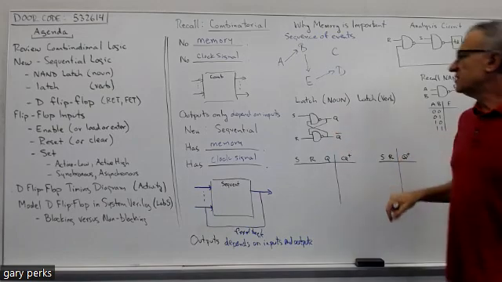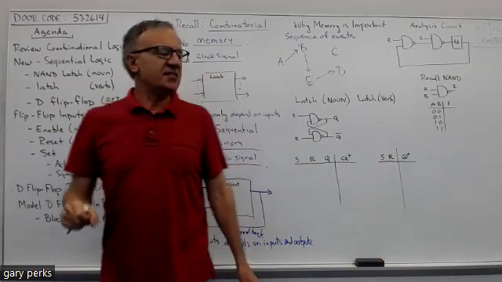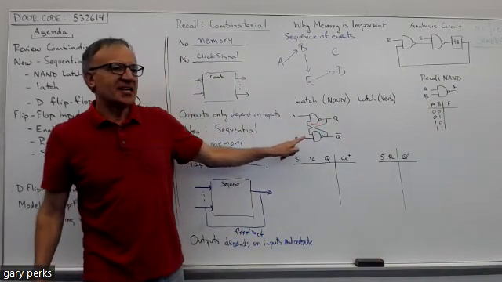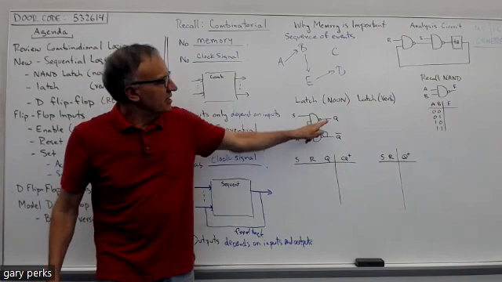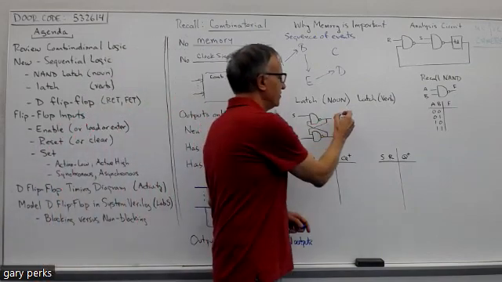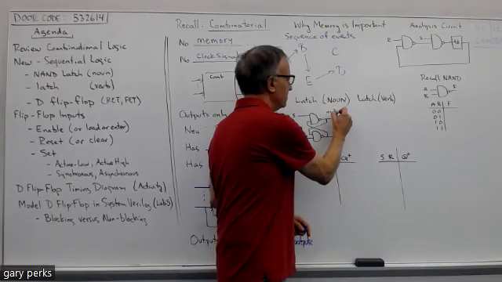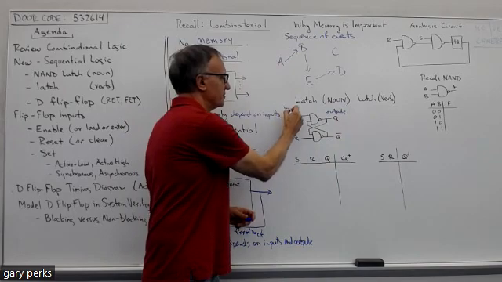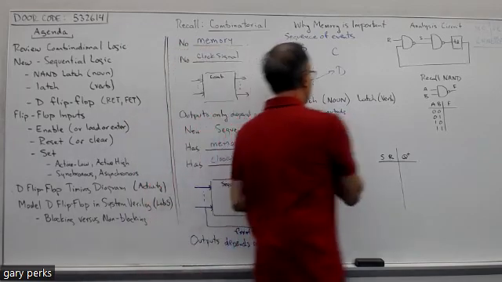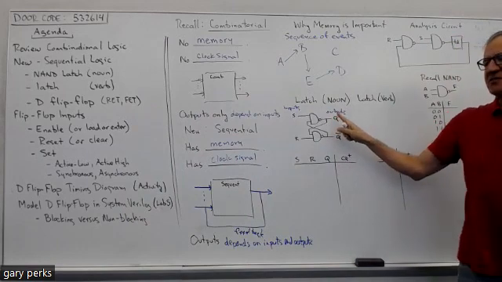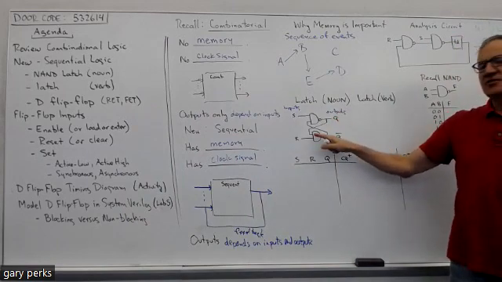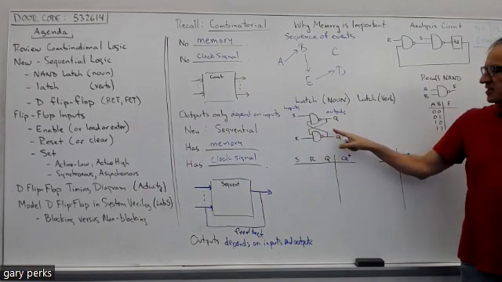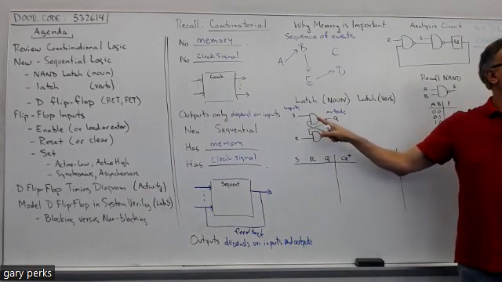And the noticeable thing here, or the key feature of a latch, is how the outputs connect back to the inputs. Q and not Q, these are outputs, and S and R, those are inputs. Notice how the Q output of this top NAND gate connects to an input of this bottom NAND gate, and the output of this bottom NAND gate connects up to an input of this top NAND gate.